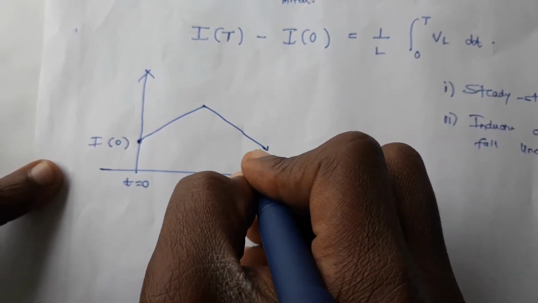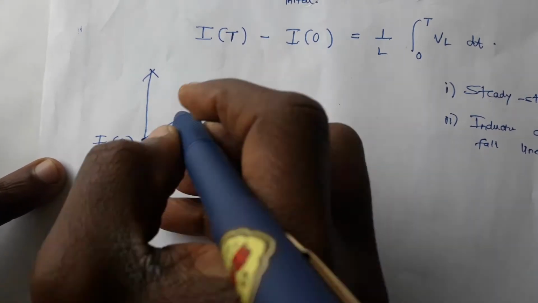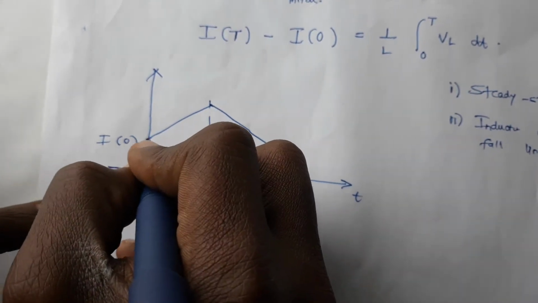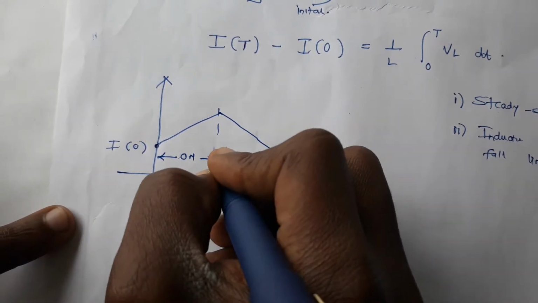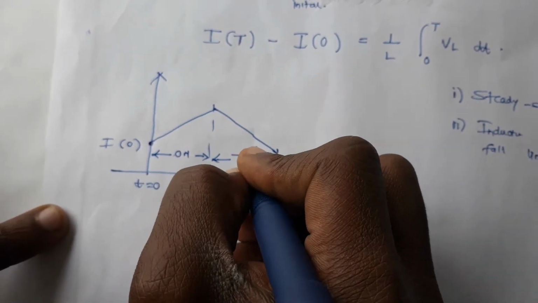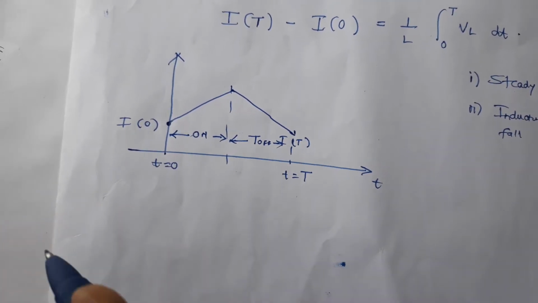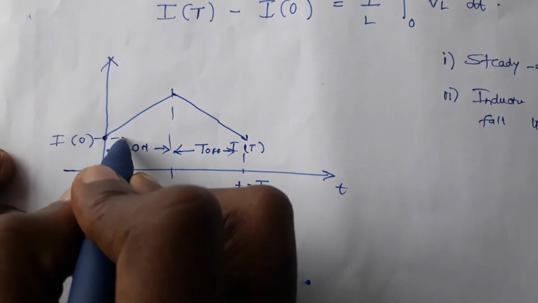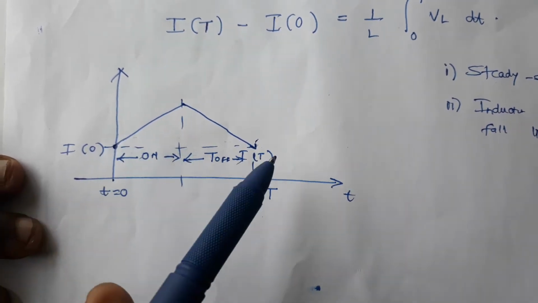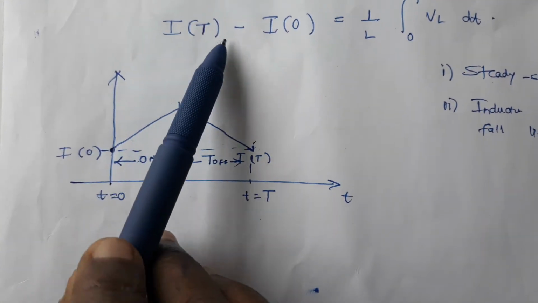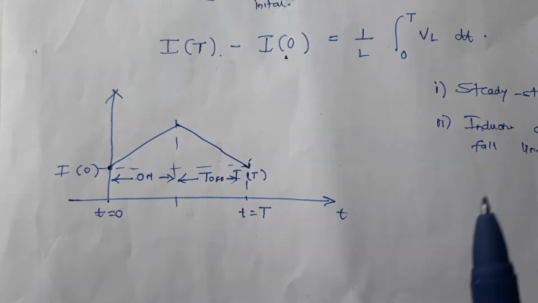I'll say this is I at the period T, and this time here t is equal to T. During the rising period, the inductor is charging and storing energy. During the falling period, the inductor is discharging and giving out energy. However, looking at this diagram, the final and initial values are the same. They have the same magnitude. Therefore, I_T minus I_0 is going to be 0.